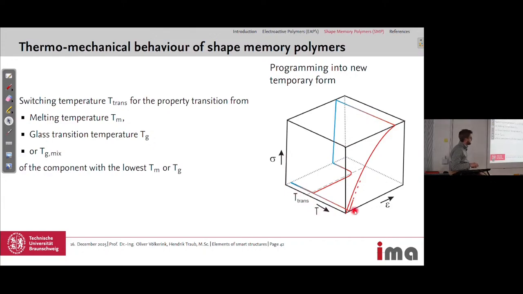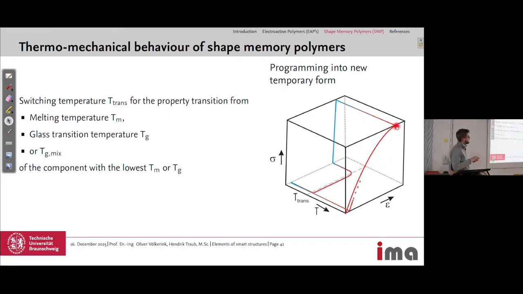here's the temperature axis, here's the elongation or strain axis, and here's the stiffness axis. We start here without stiffness with a cool material, and then we heat it up. And as soon as we have heated it up above the transition temperature, we can elongate it and apply stresses and strains.